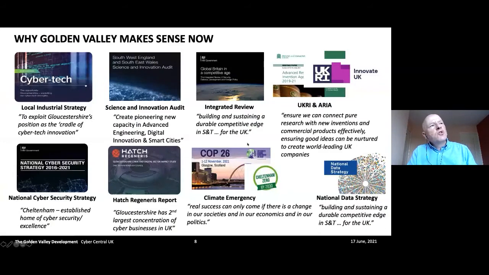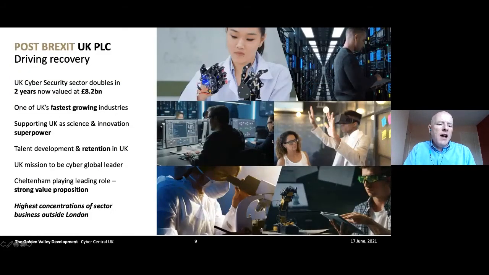We look at the strategies in the local sector and nationally, and what we're doing hopefully will resonate with policymakers, with the industrial strategy, innovation strategy, and really help to grow the cyber sector and beyond locally.